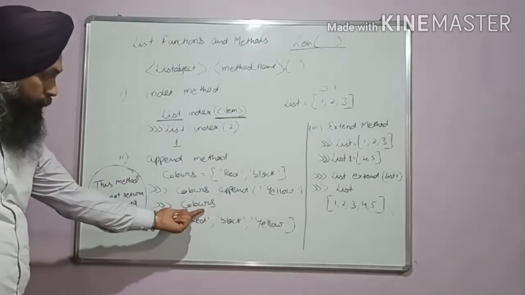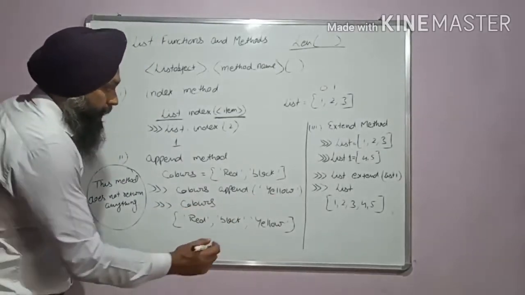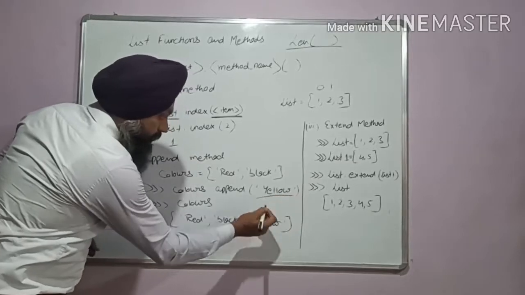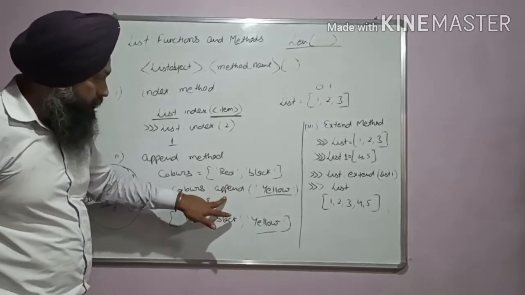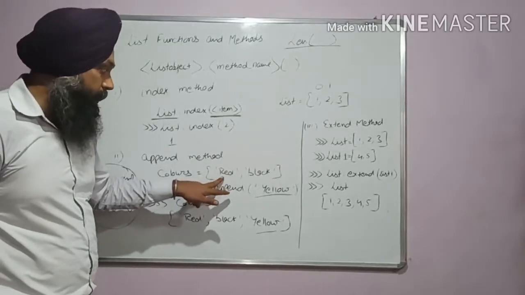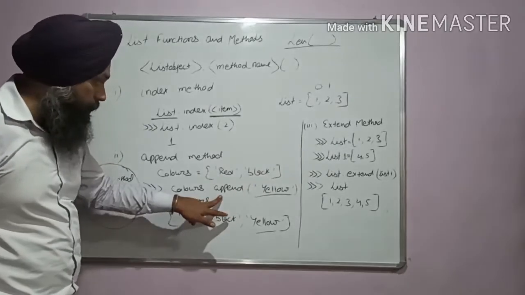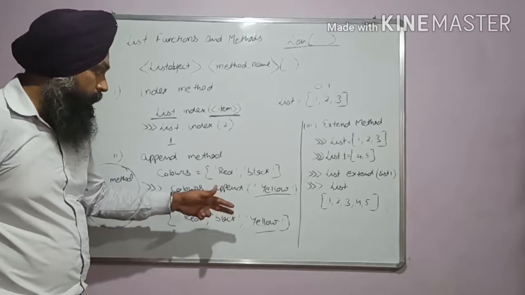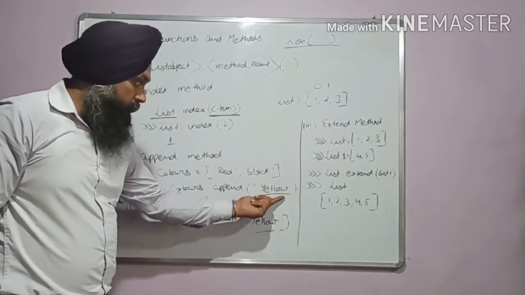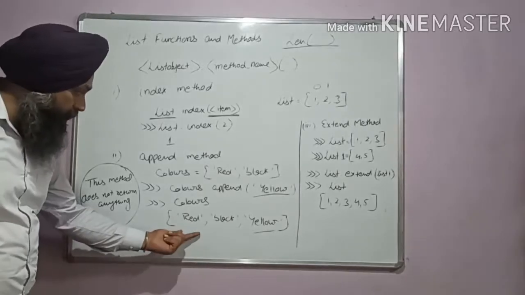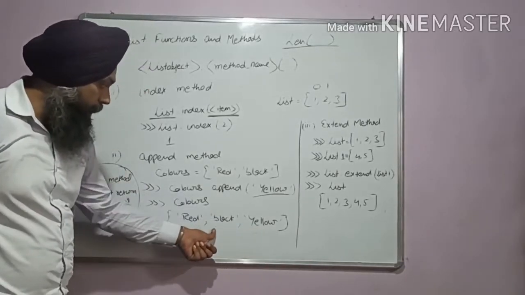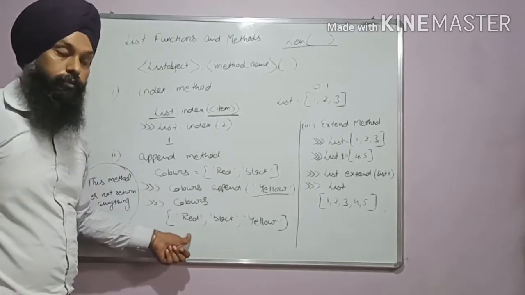When we print colors, we will get this value in the list. Before the append function, we had only two values, red and black, and after the append method, this value is added to the list colors, and here we have the third value as yellow.